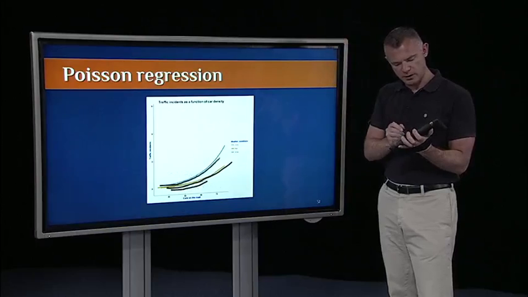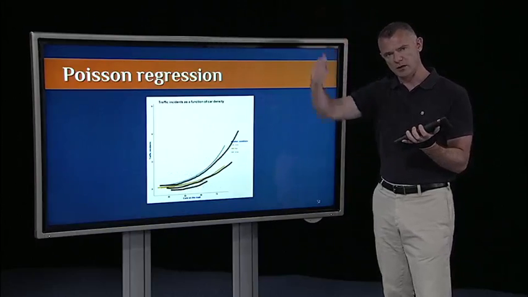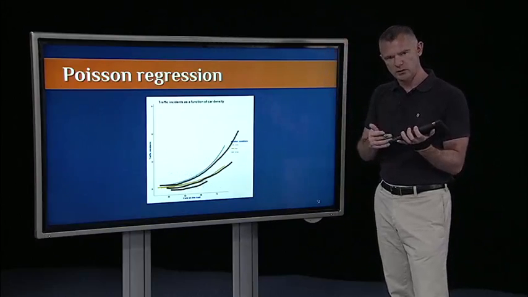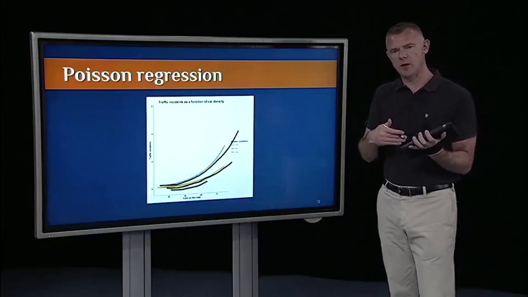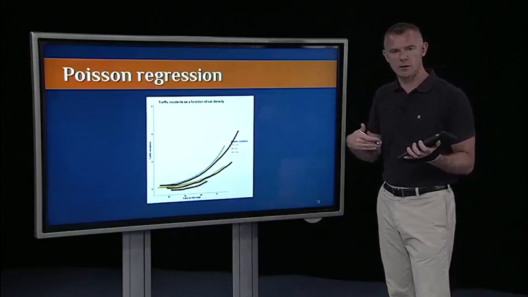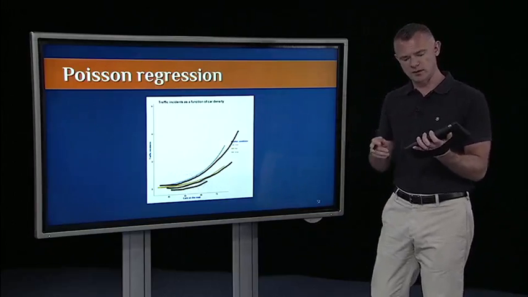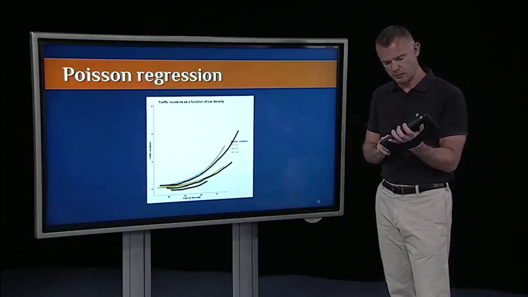And in the snow, there's even more. And over time, they accumulate even further. So these aren't forming linear relationships between x and y. They're forming what's called a Poisson distribution or Poisson relationship between x and y.